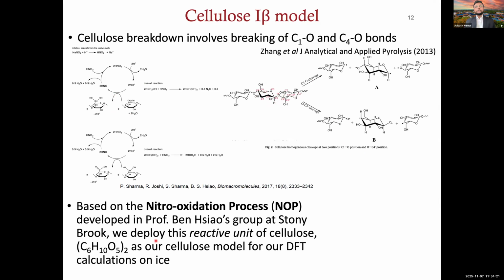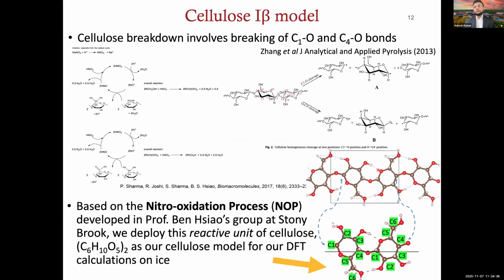Because the nitrooxidation process that we are following in our work involves treating cellulose with nitrification as well as oxidation, we wanted to go with that, and it also helped narrow down our choice for the model. So what we have is this reactive unit of cellulose.